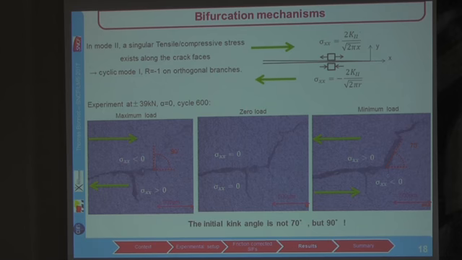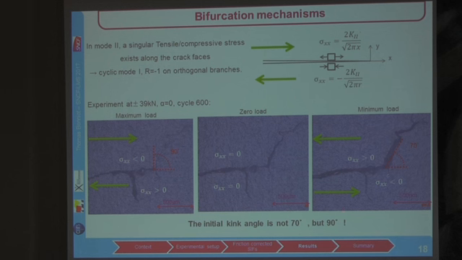And here we have a branch at 90 degrees, which is open at maximum load and closed for zero load and minimum load. And we can also see a T-shaped branch here at 90 degrees, which then bifurcates at 70 degrees. So the initial kink is not 70 degrees as predicted by the models, but 90 degrees in our case.